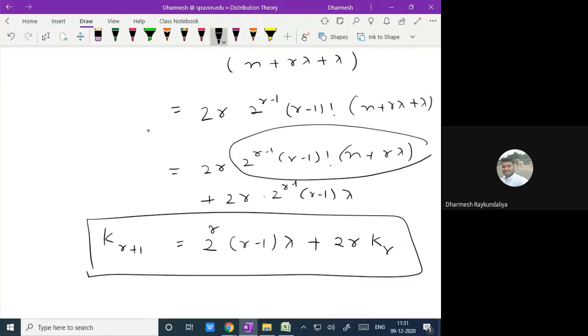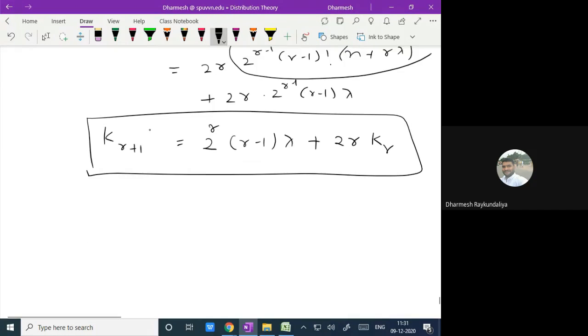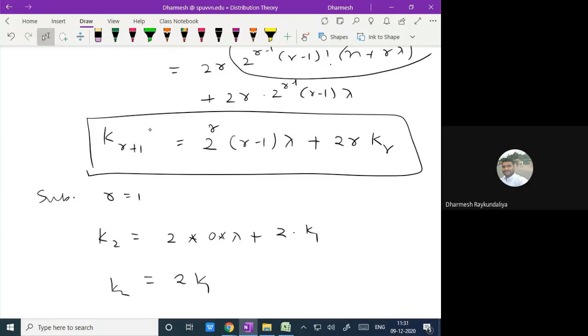Now you can verify. Suppose we substitute r equal to 1, what happens? K2 equals 2 into, with r equal to 1, 0 into lambda plus twice k1. Is it correct or any mistake?